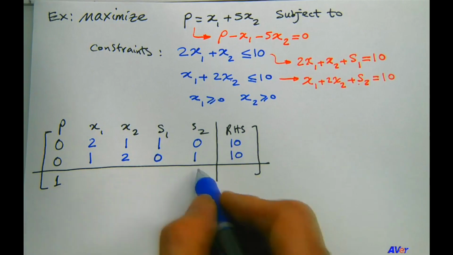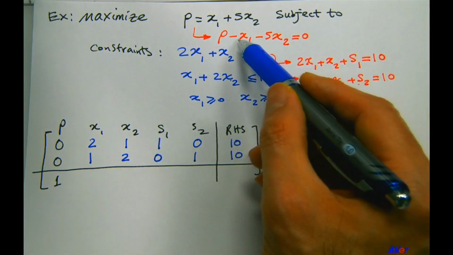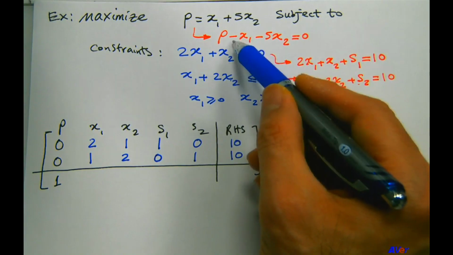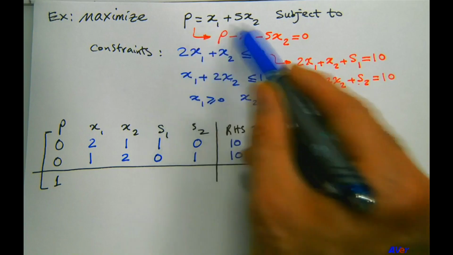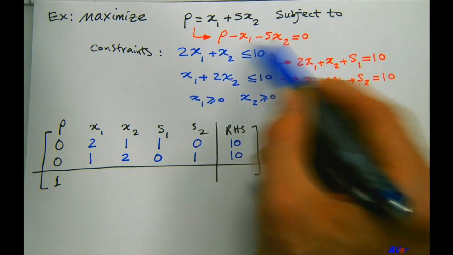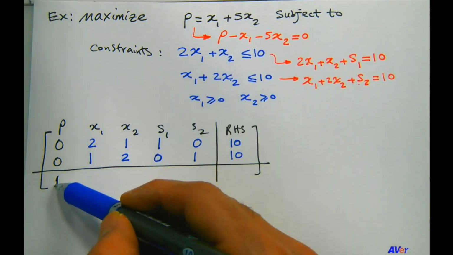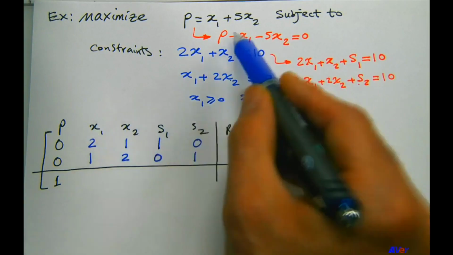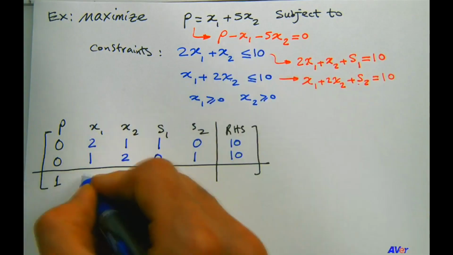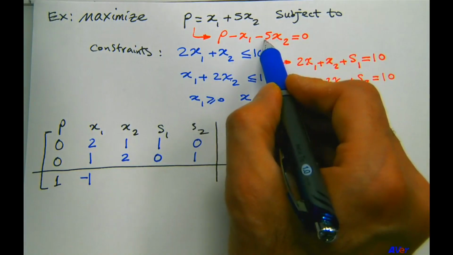Now, in the objective row, we need to import the coefficients of the rearranged objective function. Not the original objective function, but the rearranged one, this one. So P already has coefficient 1, which is there. X1, that's this column, has coefficient -1. X2 has coefficient -5.